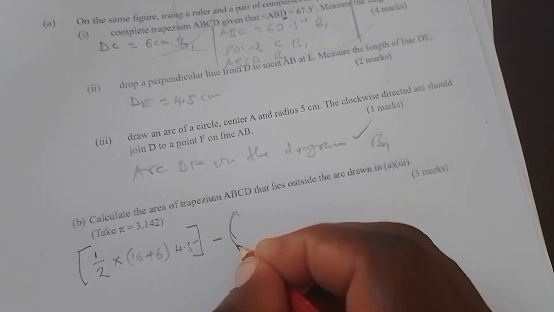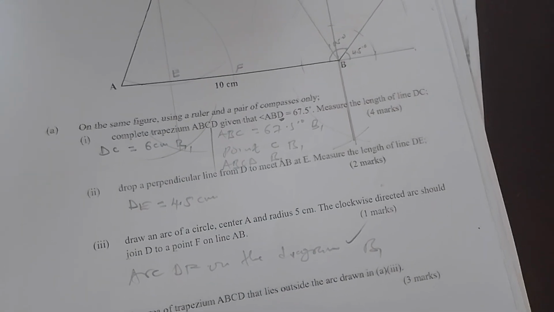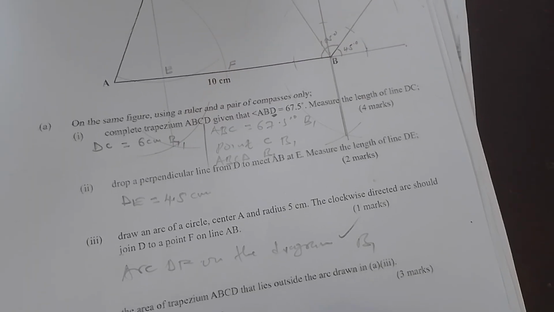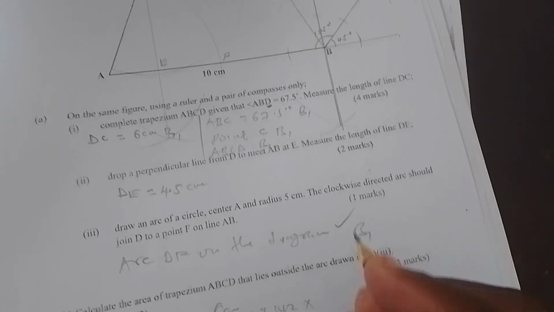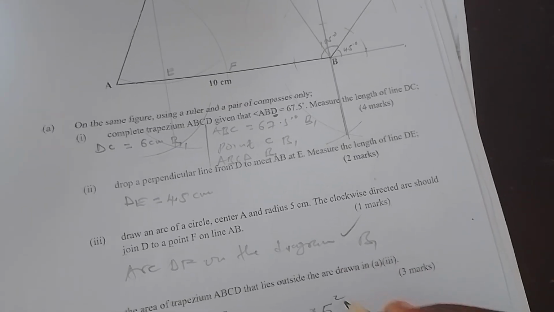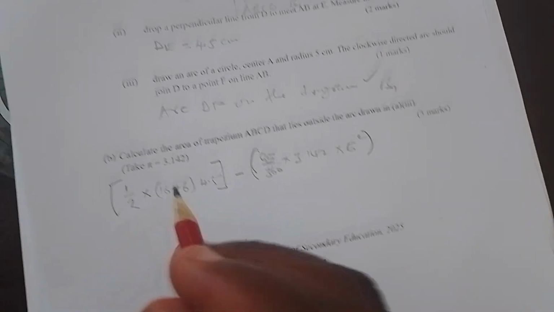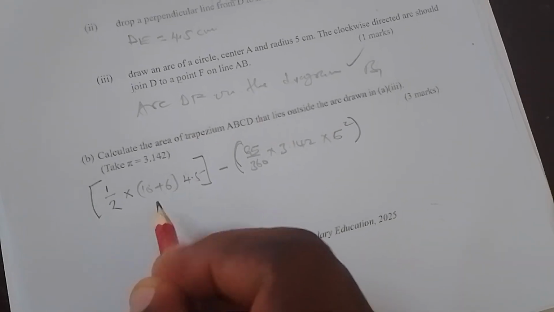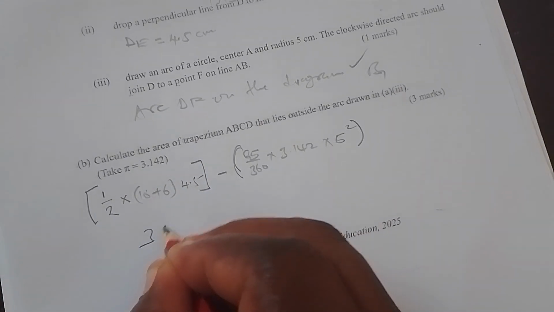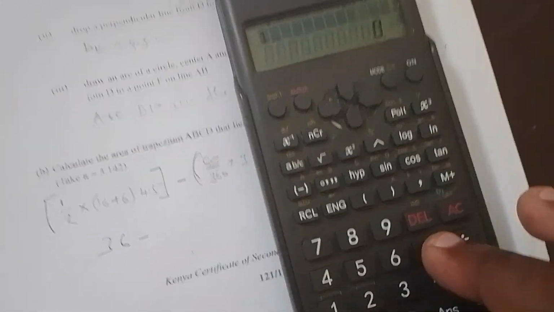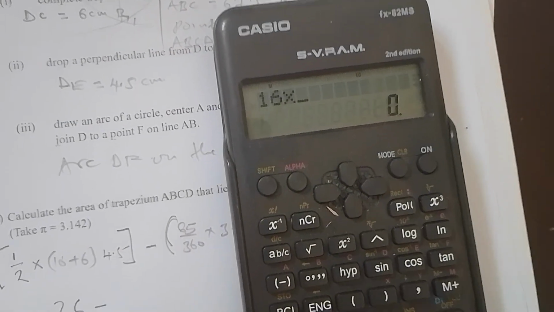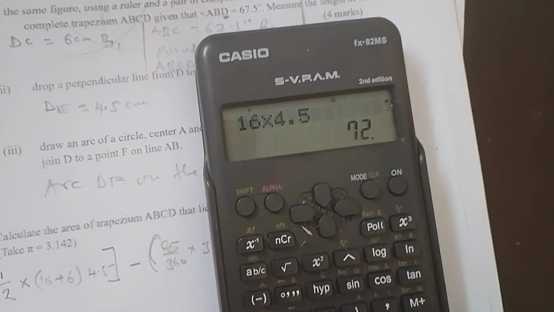The area of the arc is theta, which is 65 over 360 times 3.142 times radius 5 squared. So here, 16 times 4.5, divided by 2, gives us 36.